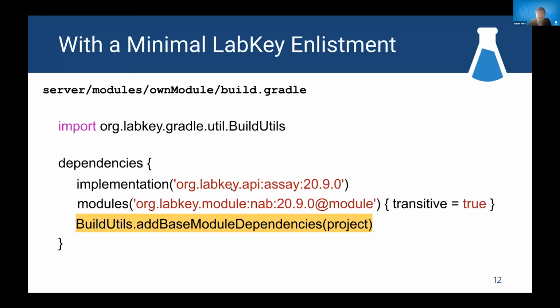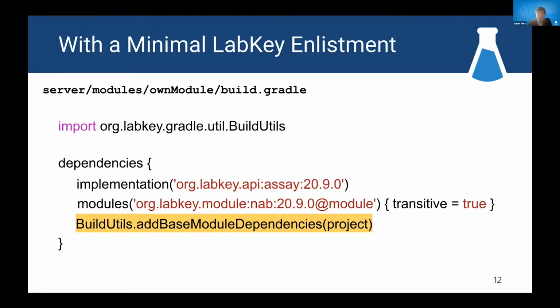Another key part of this is that I need all these base modules: the query and the API and the internal modules as well. And so this nice utility method from our Gradle plugins will do that for you. You can do that in the same way we did for the nab module by spelling them out individually, but that's essentially what that add base module dependencies does for you.